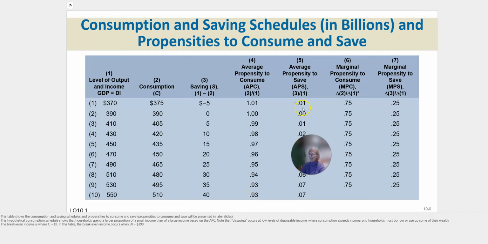As we got more money, the percentage we save increases. We have a little extra, we can put it away. But what we did with each extra 20 billion at the margin, we always spent 15 billion of it and saved 5 billion, or we spent 75% and saved 25%.